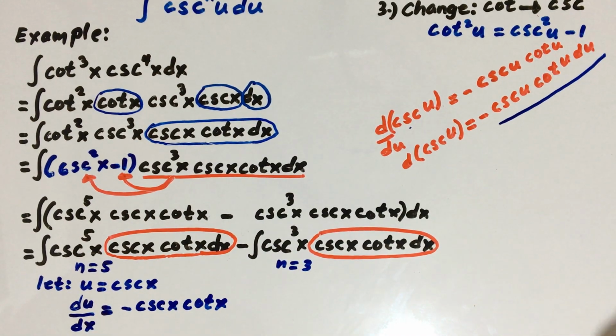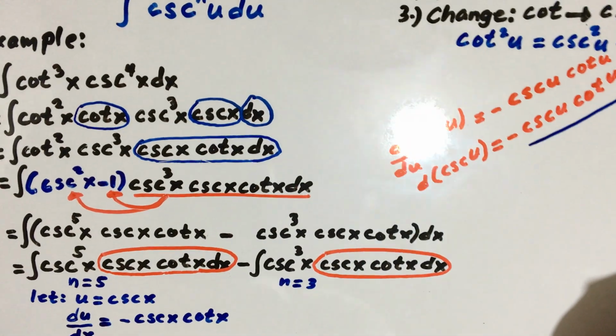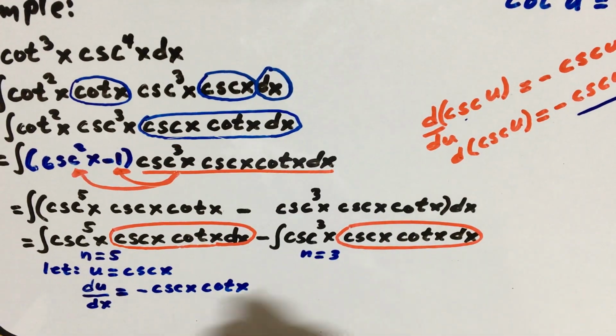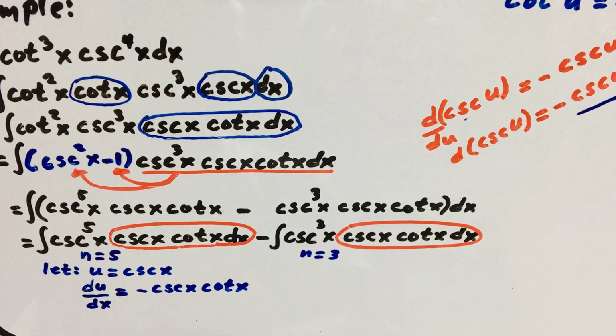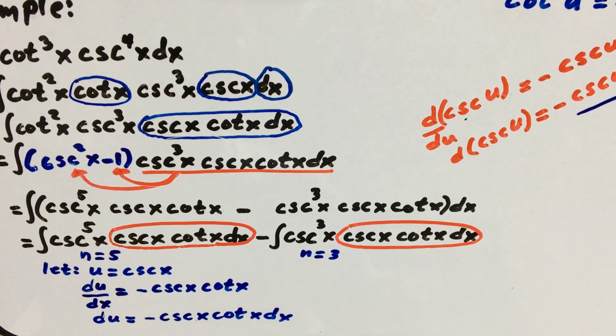Now multiplying both sides by dx, we have du equal to minus cosecant x cotangent x dx, right?